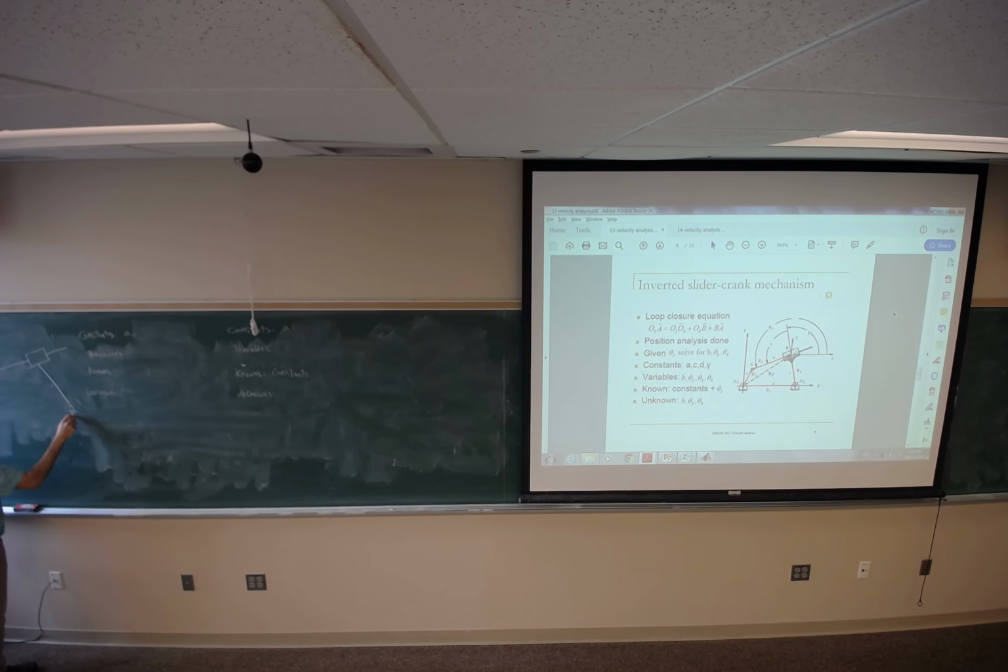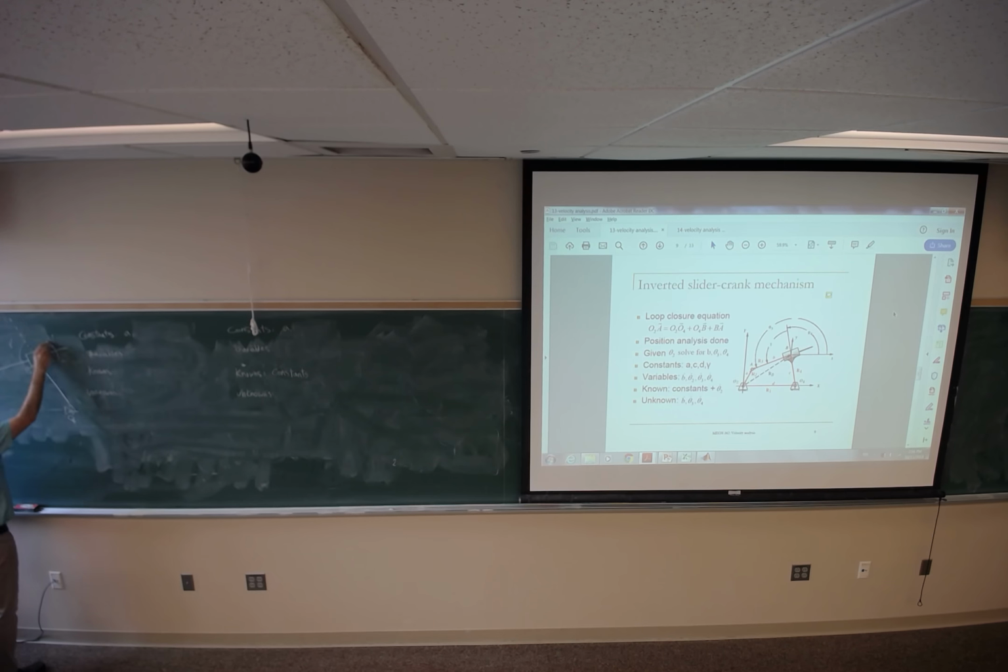If we have an inverted slider crank, this angle is fixed, is gamma, from the ground line. This line is parallel to the ground line.